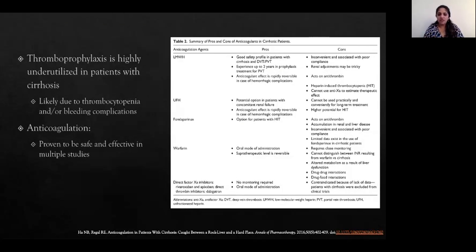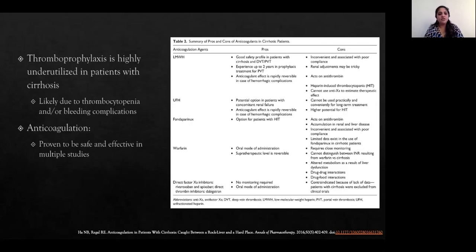There is very good data to remind us that thromboprophylaxis is highly underutilized in patients with cirrhosis. CHEST guidelines recommend using either low molecular weight heparin, unfractionated heparin, or any other modality of thromboprophylaxis in any patients that are critically ill and immobilized.